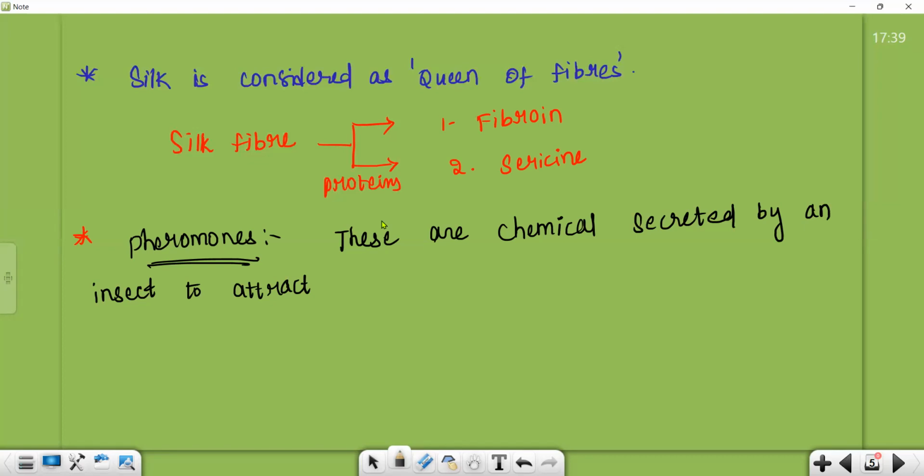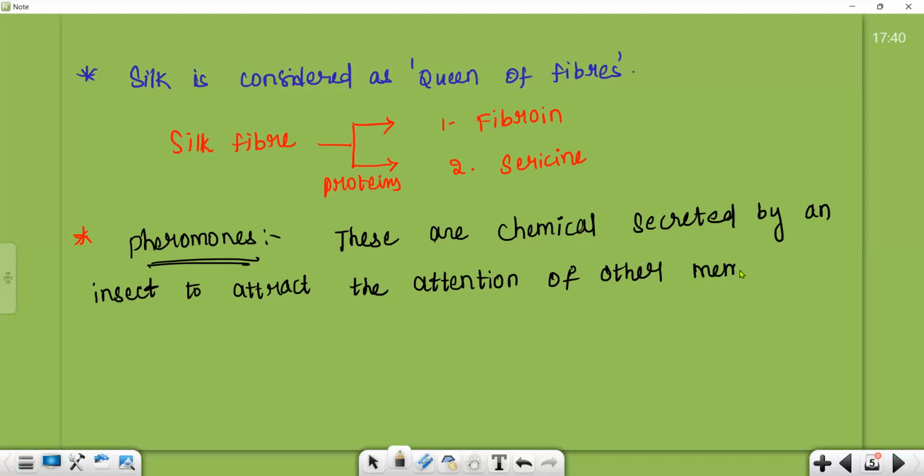Which peacock is it, students, male or female? Male, ma'am. So the male peacock will have feathers. In the same way, insects have the chemical secreted to attract attention. Ma'am, I think they don't secrete any chemicals, the feathers are beautiful, that's why they attract.